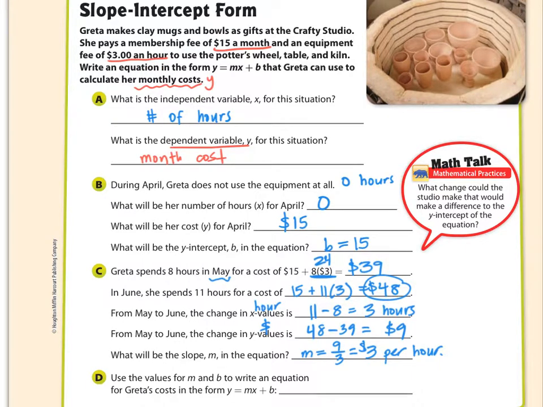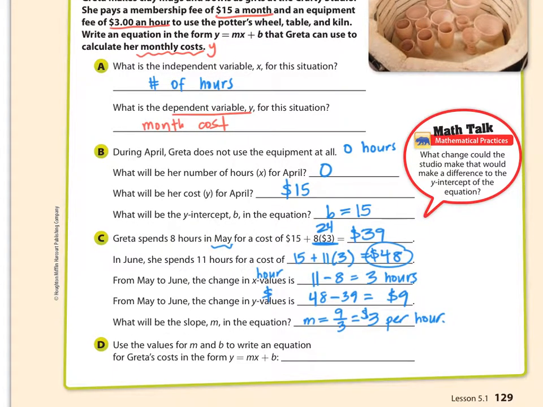So it matches that. Part D, use the values for m and b to write the equation. So we have y equals mx plus b, which means I fill in the m, and then I fill in the b. So the slope was 3, y equals 3x plus 15.